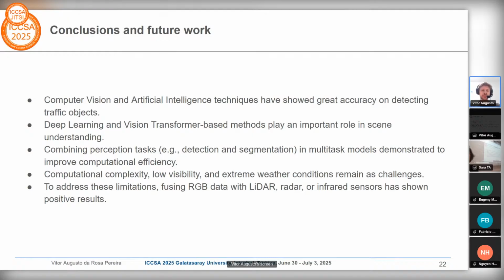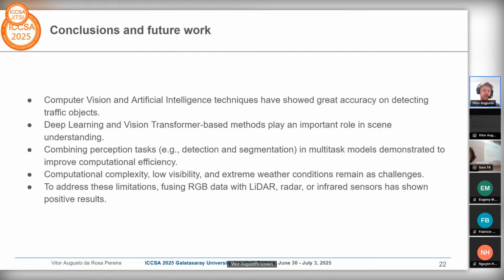These kinds of methods can identify complex objects, the non-navigation zone and navigation zone, which is also very important to the vehicle. So we can know if an obstacle is inside the navigation zone or outside, or a vehicle also. So it's important to know if this kind of obstacle would be dangerous to the vehicle navigation or not.